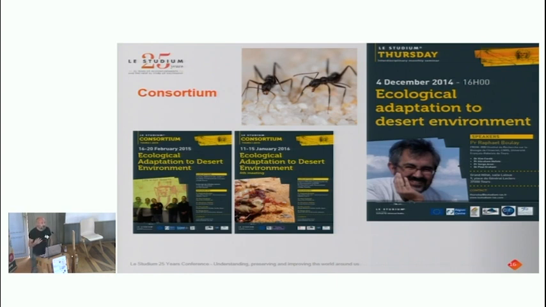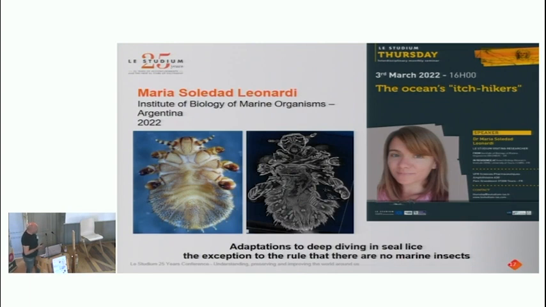You can find them in every ecosystem except in the sea. But actually, researchers at the ERB and Maria Soledad Leonardi, who was a Le Studium Fellow this year, discovered that lice can actually attach to seals, and they can live in the marine environment, and they can adapt to deep diving into the ocean.